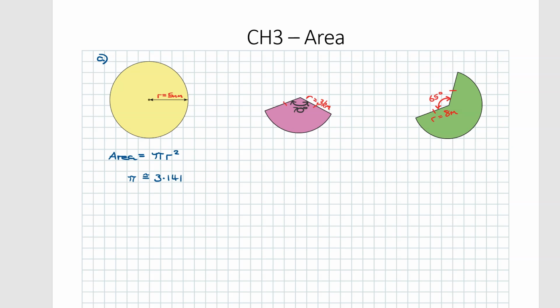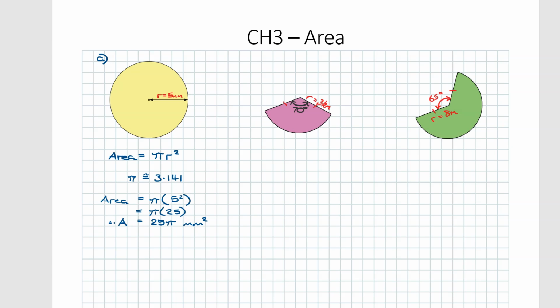So using this information, if we wanted to calculate the area of this yellow circle, we could write area equals pi times 5 squared, because 5 is our radius, and then it's going to be 25 pi, and therefore the area of our circle is simply equal to 25 pi millimeters squared.